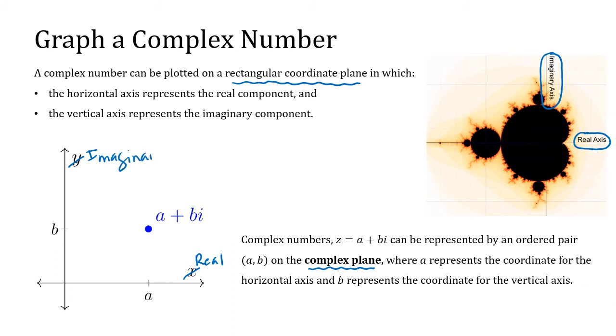A is going to represent the coordinates for that horizontal axis, and b represents the coordinates for the vertical. So this complex number, z equals a plus bi, is represented by the ordered pair a comma b. All right, on the next slide, let's take a look at some examples of that.